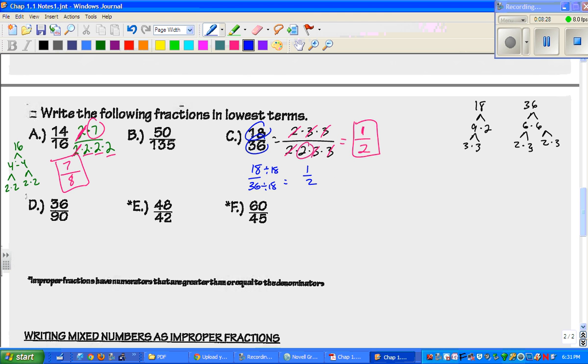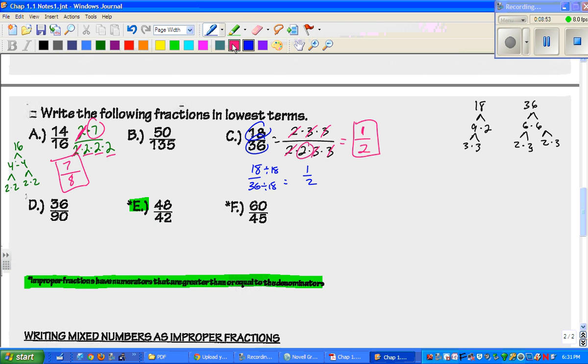All right. Now, the last ones that we're going to do, let's take a look at E. E is one of those ones with an asterisk because that's an improper fraction. That's when the numerator is bigger than the denominator. Now, how can we break down 48? Let's just pick two numbers right away.